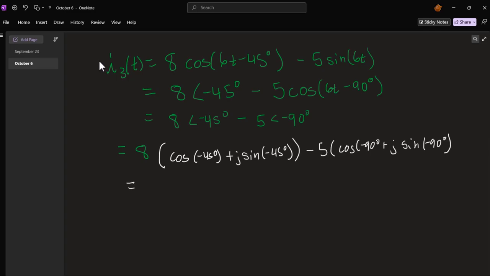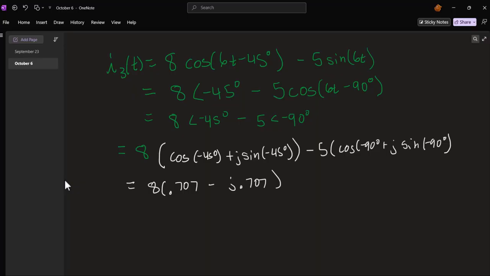So this gets us 8 times square root of 2 over 2, which is 0.707, so 0.707 minus j 0.707, minus 5 cosine negative 90 is 0, and the sine of negative 90 is minus 1, so minus j.